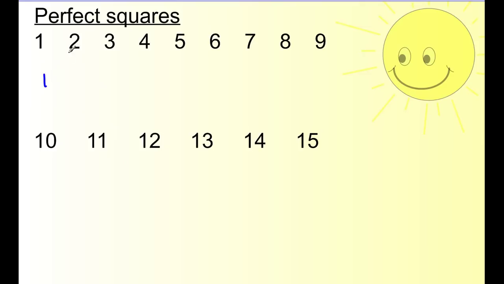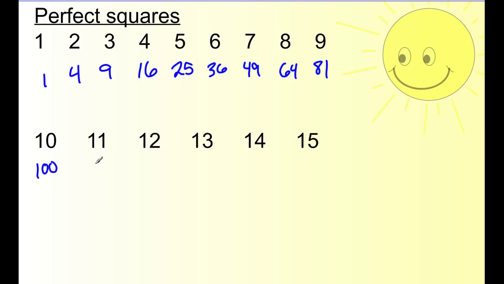So 2 times 2 is 4. 3 times 3 is 9. 4 times 4 is 16. Let's keep going. So we got 25, 36. And if you know these all off the top of your head, that's awesome. 49, 64, 81, 100.